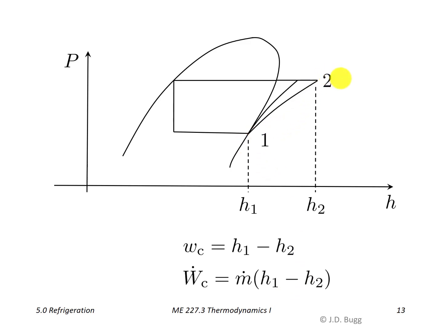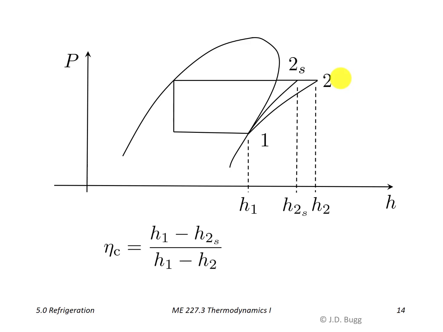If we're interested in the isentropic efficiency of this compressor, we can tell that by looking at the pH diagram as well. Because notice H1 minus H2 is the actual power, so that's the denominator of our isentropic efficiency, and H1 minus H2S is the ideal power.